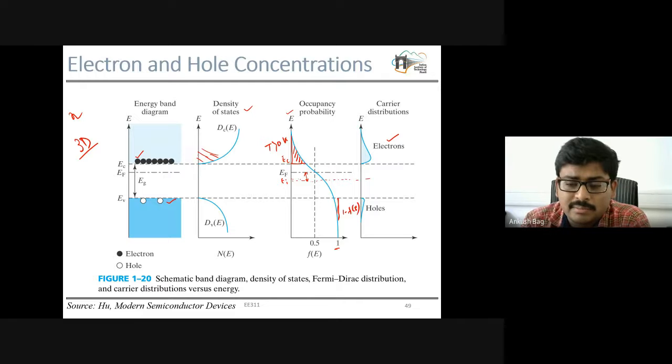So from this distribution, we can understand that the higher the n-type behavior, the lower the p-type.